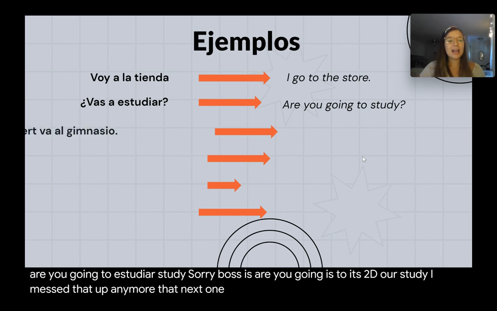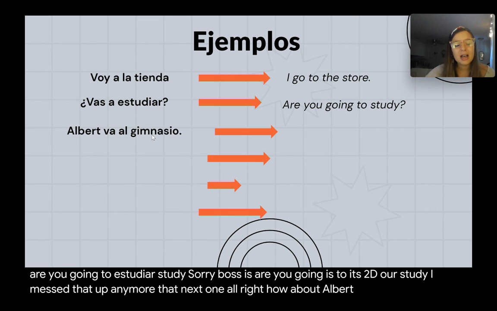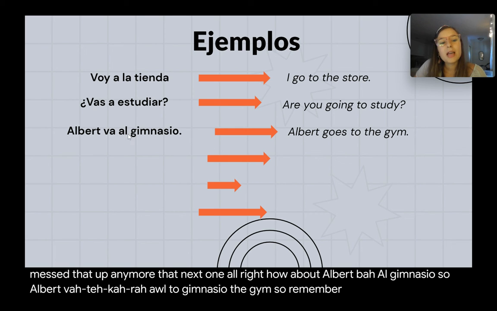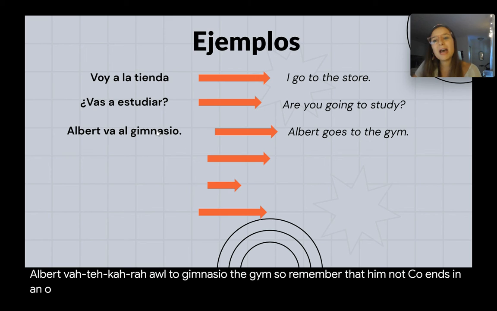Next one. All right. How about Albert va al gimnasio? So Albert va, he goes, al, to, gimnasio, the gym. So remember that gimnasio ends in an O. It's masculine.